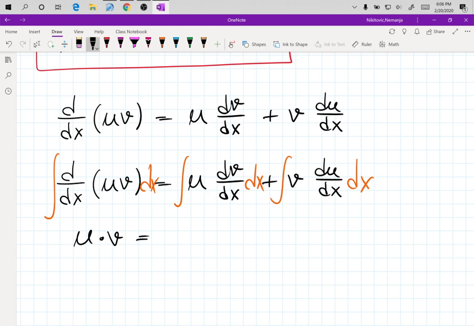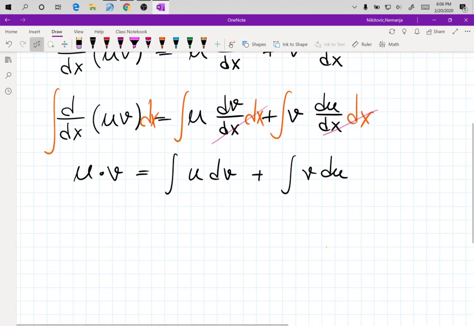On the right-hand side, dx will cancel dx, and dx will cancel dx, and you will have integral of u dv plus the integral of v du. And now we are going to solve for integral of u dv.